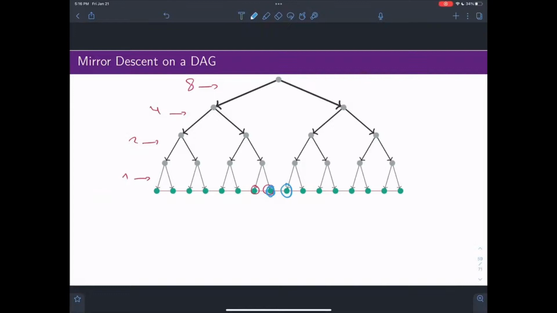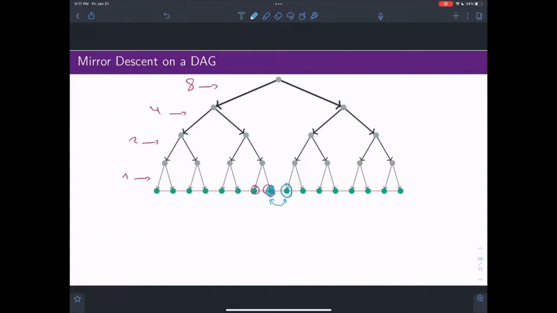And so the approximation is far from being correct in the HST, and we want it to be off by a logarithmic factor at worst. So if, for instance, the adversary made you move a lot of times between these two points, by simulating the mirror dynamics on this HST, you wouldn't get a competitive algorithm, because the HST has a very bad estimate of the correct distance between these two.